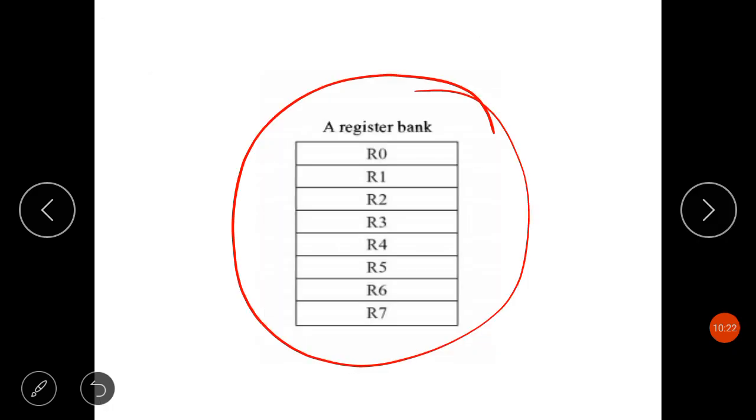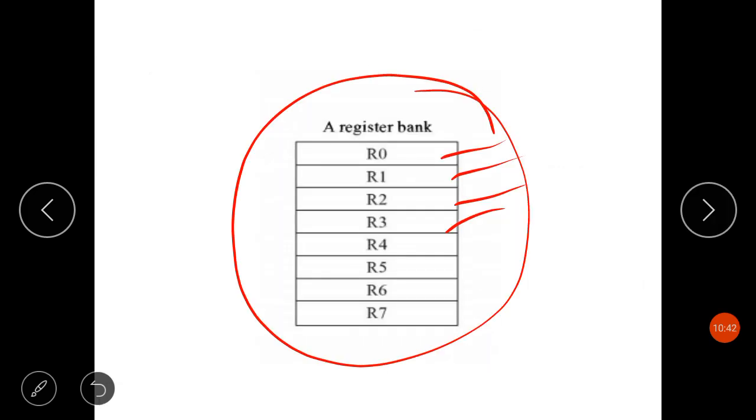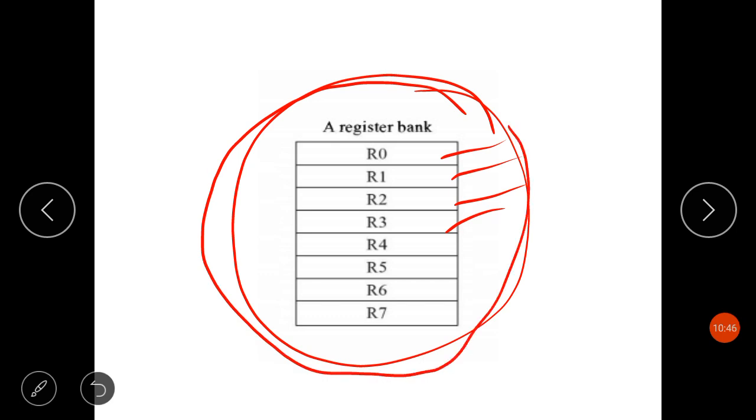There are 4 register banks. Each register bank is having 8 registers designated as R0 to R7. The 4 banks are named as bank 0, bank 1, bank 2 and bank 3, and each bank consists of 8 registers named as R0, R1, R2, R3, R4, R5, R6, R7.